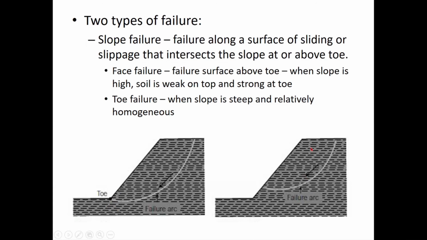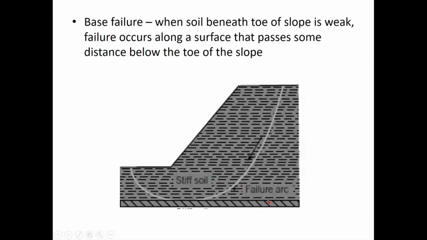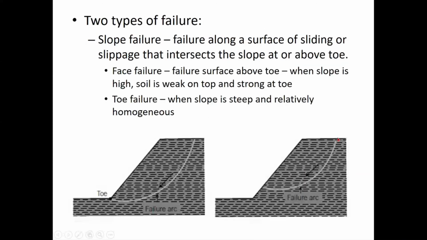Okay, so face failure and toe failure. Face failure is nothing but the failure surface above the toe, and this happens generally when the slope is high and the soil is weak on the top and strong at the toe. If the soil is weak at the top and strong at the toe, then you can expect a face failure. All right, and when the slope is steep and the soil is relatively homogeneous, you can expect a toe failure like this.